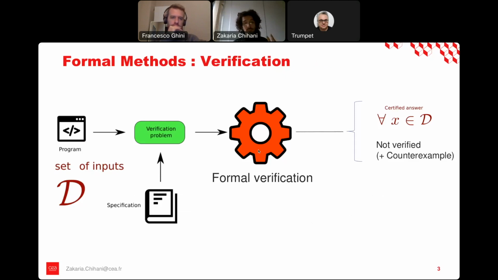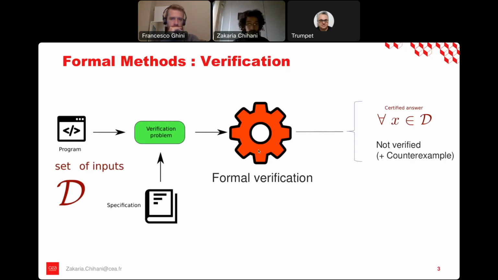From these, we generate verification problems on a set of inputs, and then we give them to some tools based on formal verification. These tools are going to give us either a certified answer, meaning that the property holds, or if it doesn't hold, some of the tools can give us counterexamples.